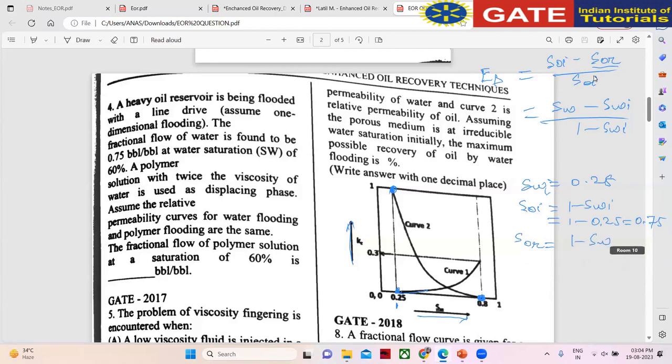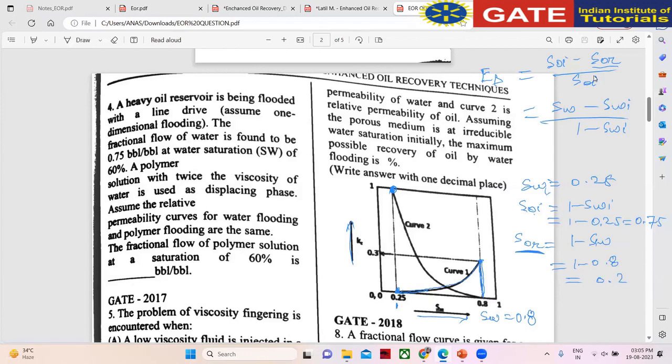At the end of your water permeability curve, which is shown by curve 1, SW at that point will be 0.8. So 1 minus 0.8, the value will be 0.2. So SOI and SOR are calculated.